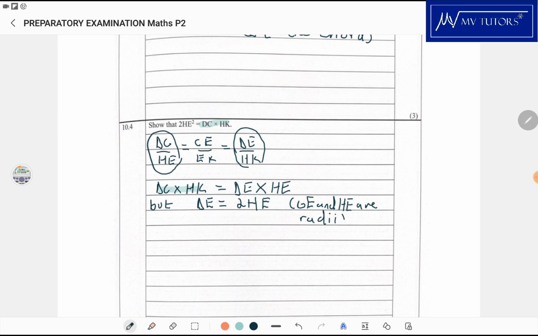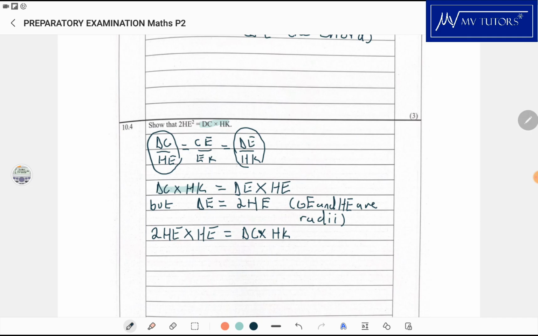So if I am to rewrite this, let me not confuse you and not skip steps. So 2HE times HE is equal to DC times HK.